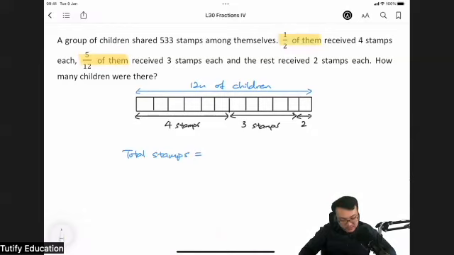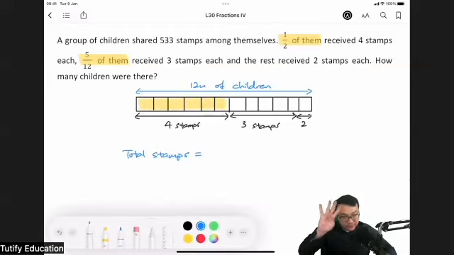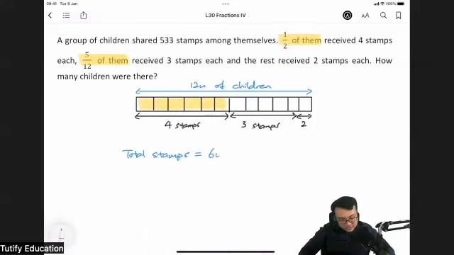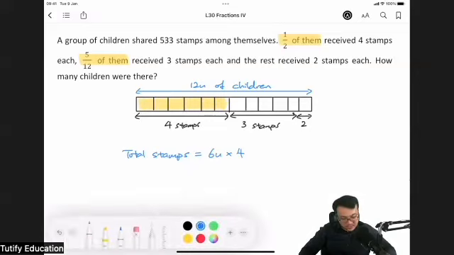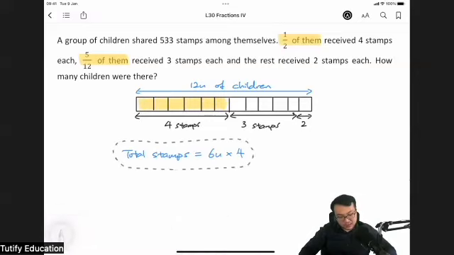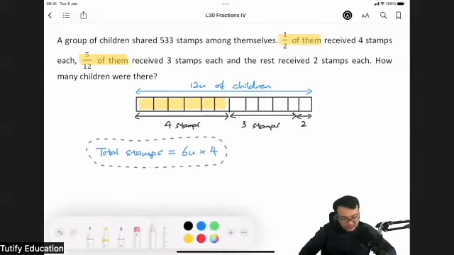Carl, how many units of children receive 4 stems? 6. So 6 units of children, each of them receive 4 stems. Can I write this? Yes, correct. Now if I want to find the stems, I must multiply by the students.